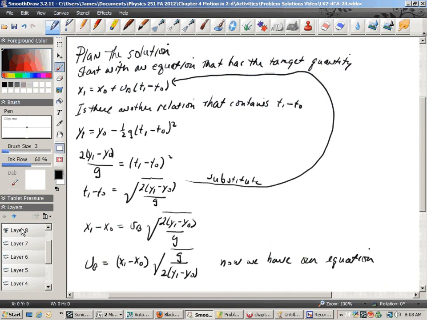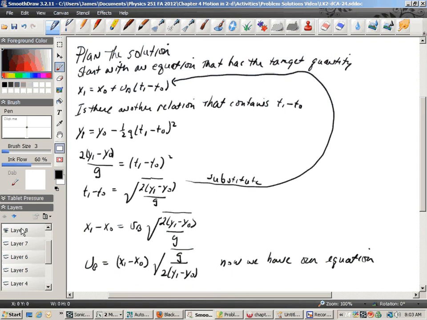Then we ask another question. Is there another relation that contains t1 minus t0? Yes. We wrote it down previously: the final height is equal to the starting height minus 1/2 the acceleration due to gravity times the change in time squared.